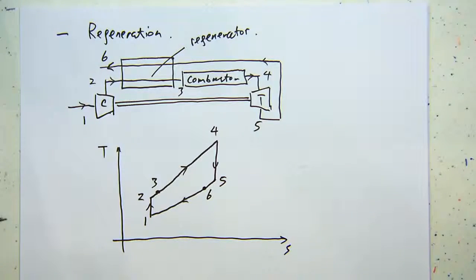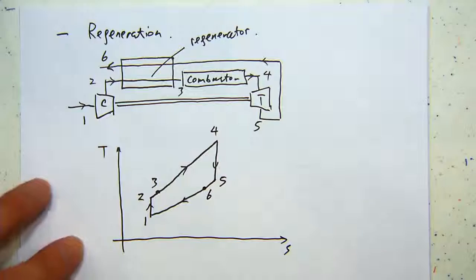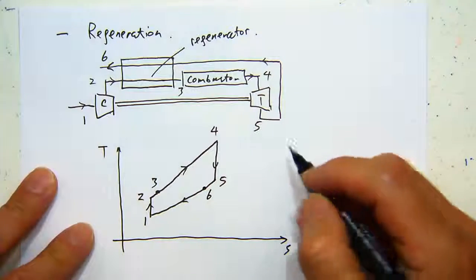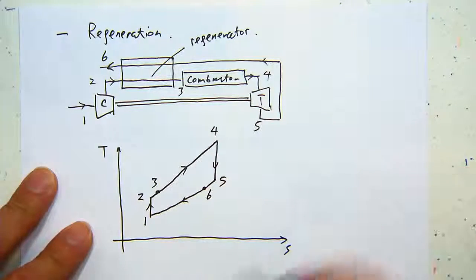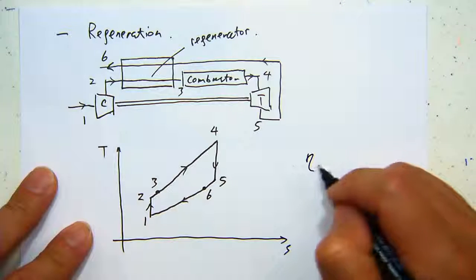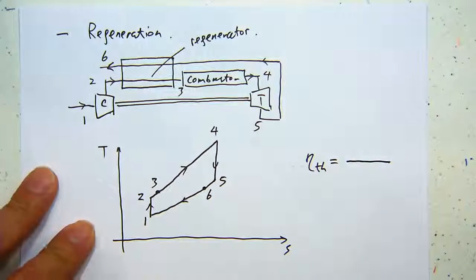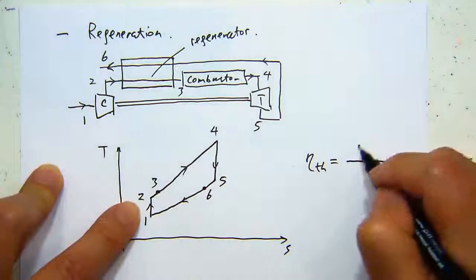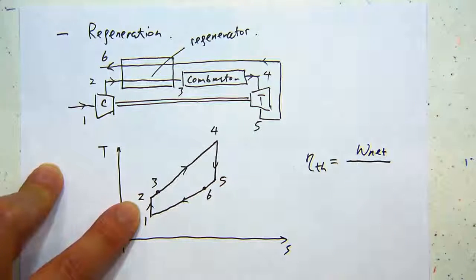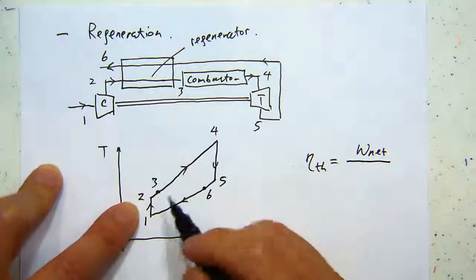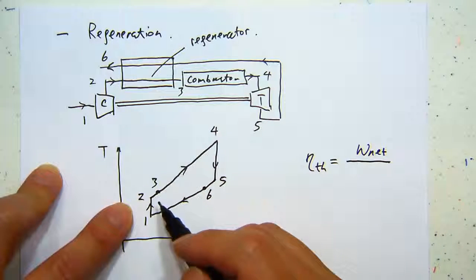All right. So why can this process improve the efficiency of the cycle? Here, if we're looking at the thermal efficiency in this case, the total net work has no change.